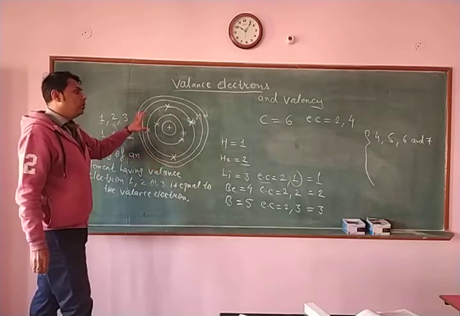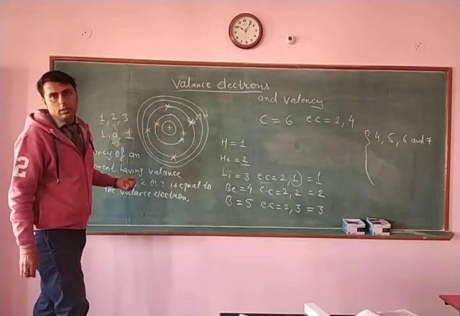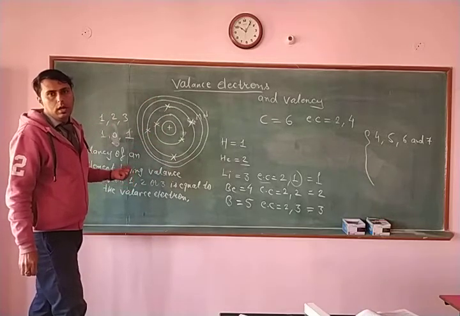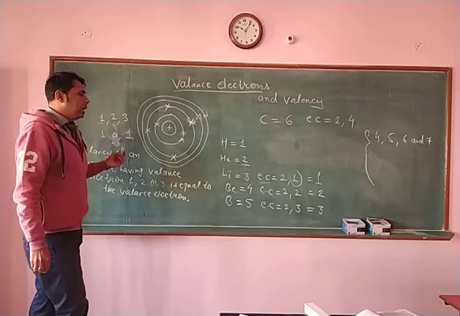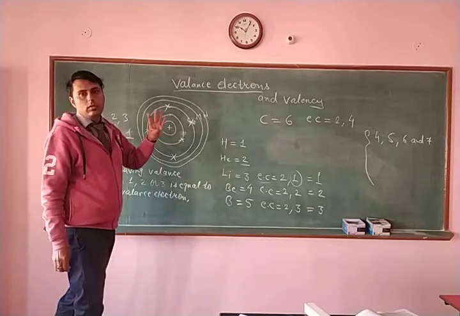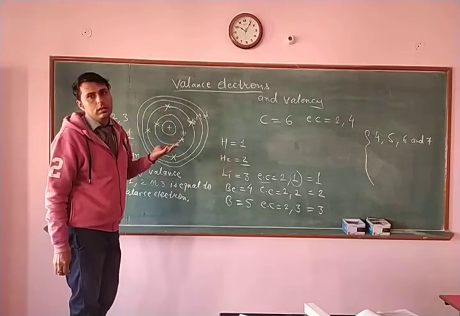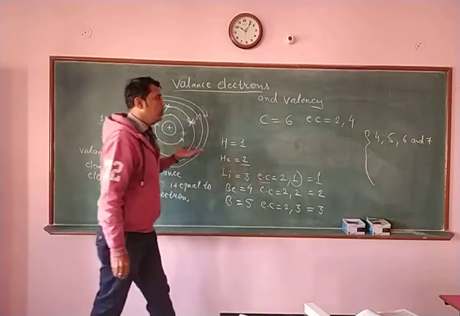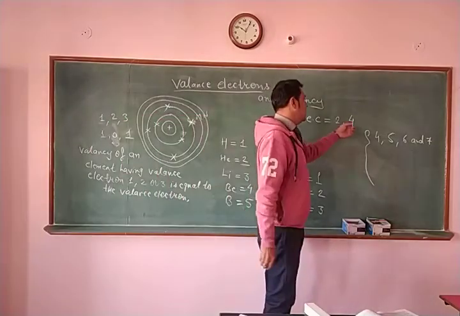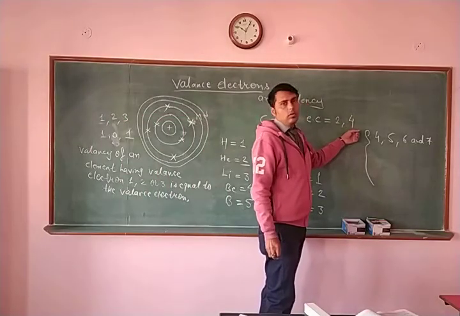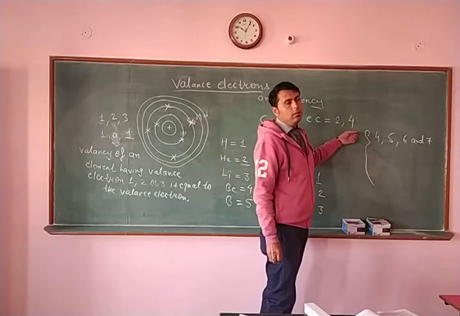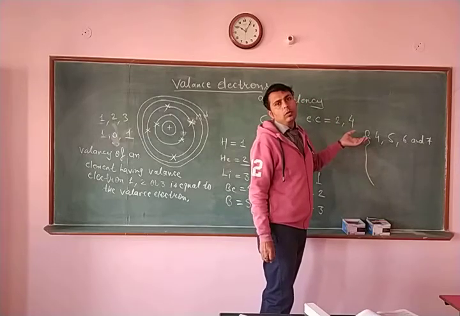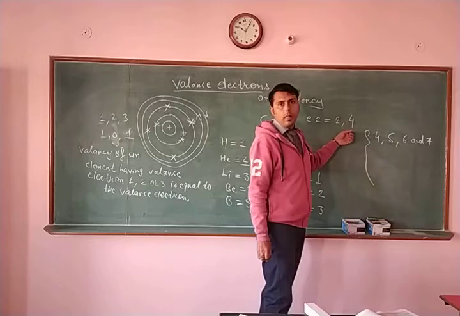So how many electrons does carbon need to complete the octet? Carbon needs 4 electrons to complete the octet. So we know the valence electrons present in the outermost shell are 4, and the number we need to complete the octet is 4.